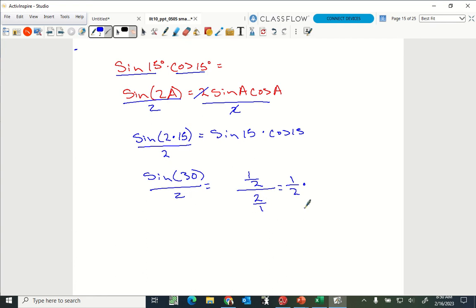So if I flip over the bottom, that gives me 1/2. And then 1/2 times 1/2 is 1/4.